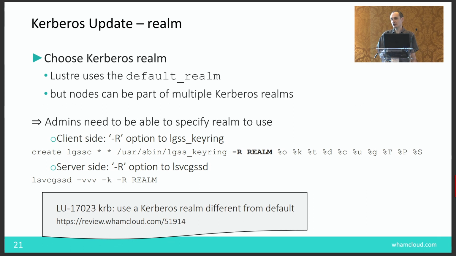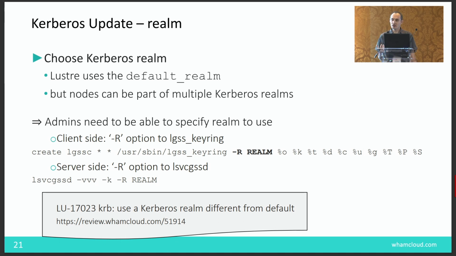One thing that Lustre was already kind of compliant with is the use of the Kerberos default realm. So Lustre is already capable of fetching this information from the Kerberos configuration file. You would say this is fine, but as you've seen from the previous presentation, you can have the case where your node is part of multiple Kerberos realms.